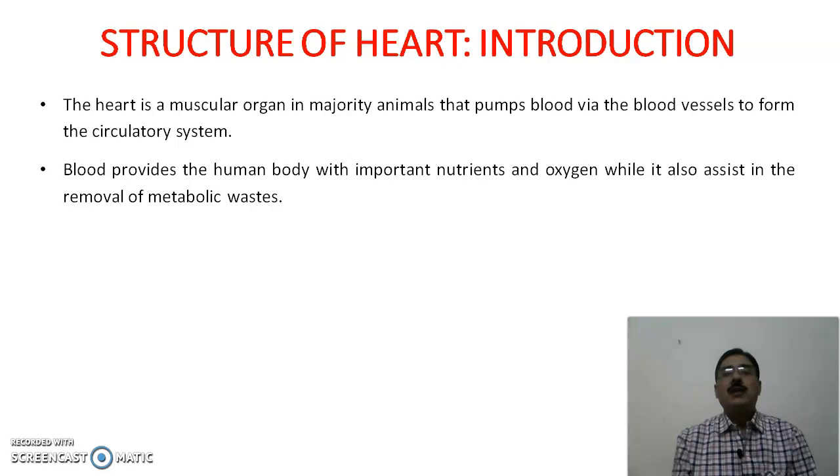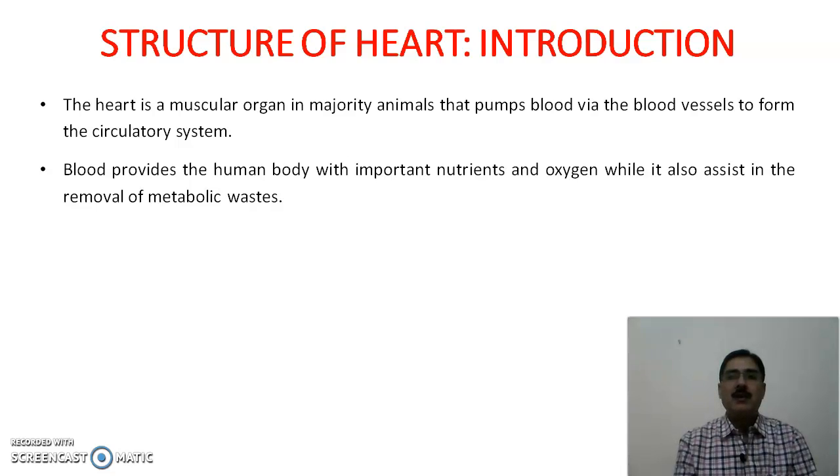As we know, there are three main components of a blood circulatory system. The first one is the blood itself, which circulates in a network of a large number of various types of blood vessels, including aorta, arteries, arterioles, venules, veins, vena cava, and the blood capillaries.